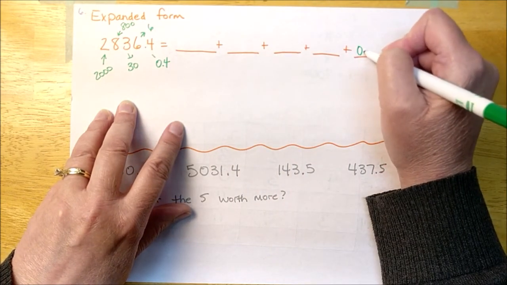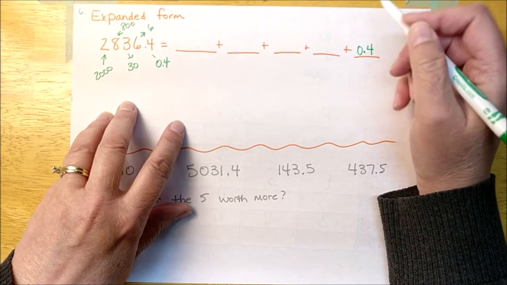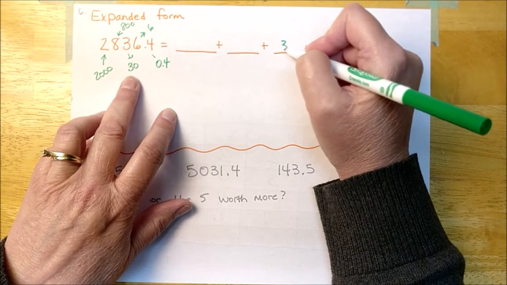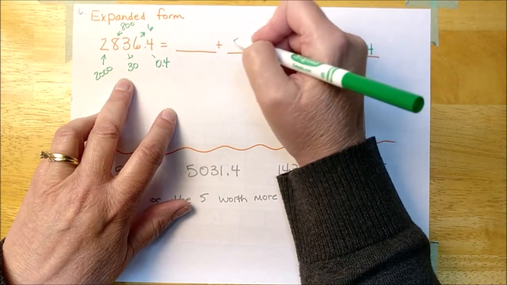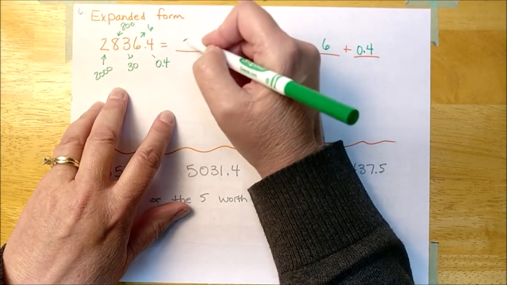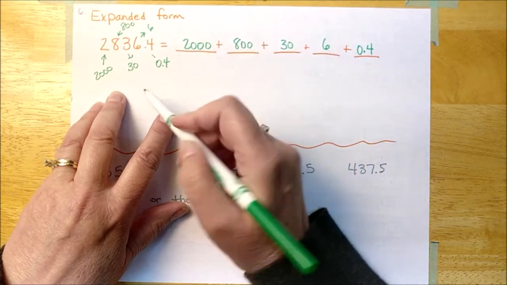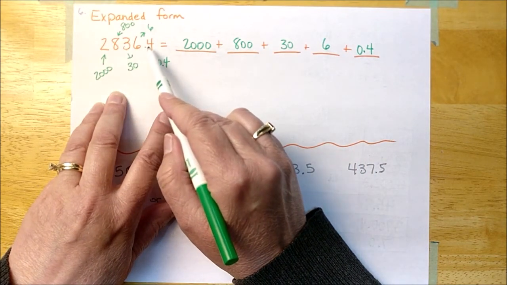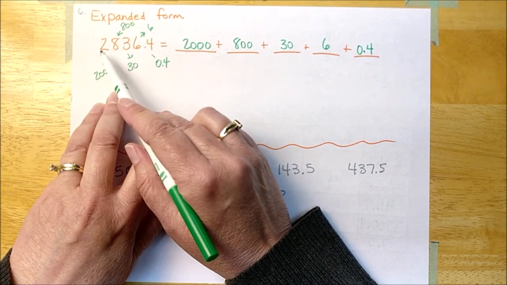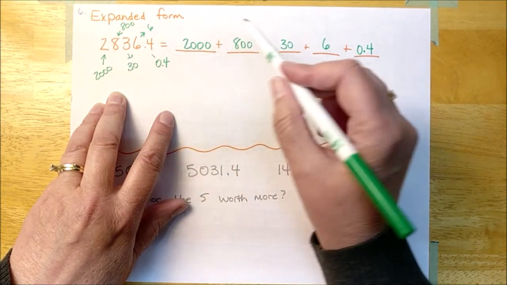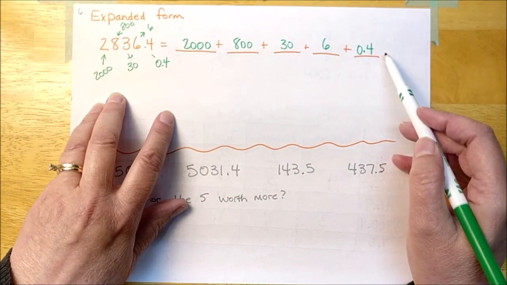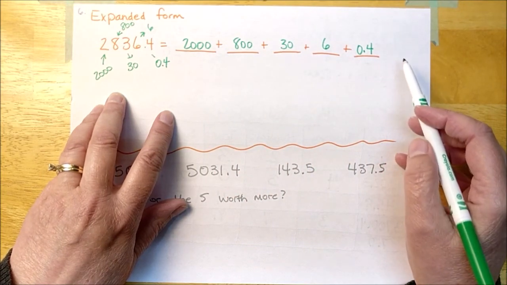So I'm going to put my 4/10 back here. I'm going to put my 6. I'm going to put my 30. I'm going to put my 800 and my 2,000. So the expanded way of writing 2,836 and 4/10, that is my expanded way of writing out that number.